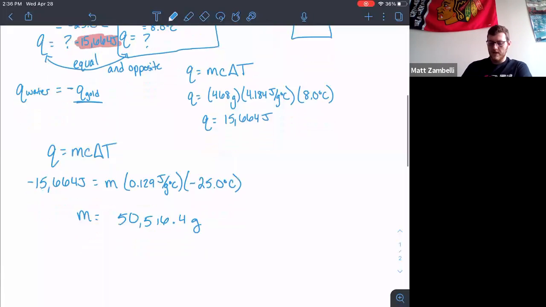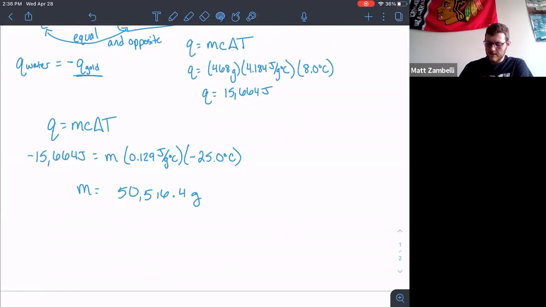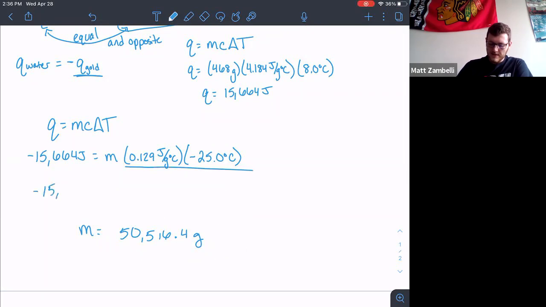I want to say be careful on this one, because when we're doing this, we're going to multiply these guys together first. So we'll have negative 15,664 joules equals the mass. And when we multiply our 0.129 times negative 25, we're going to get negative 3.225. And that'll be joules per gram at this point.